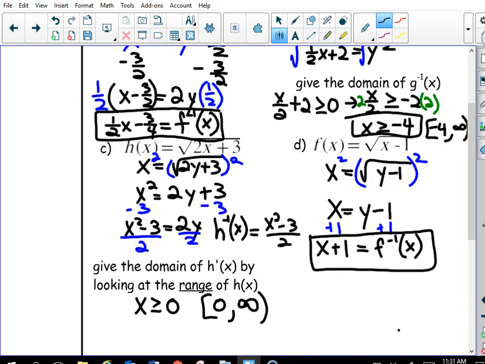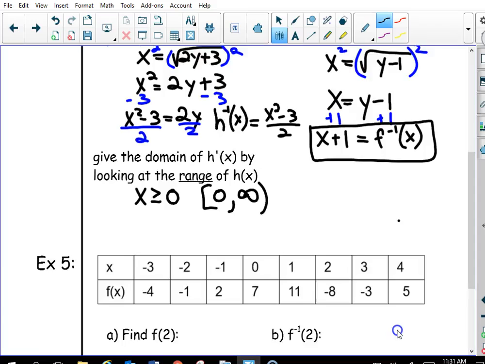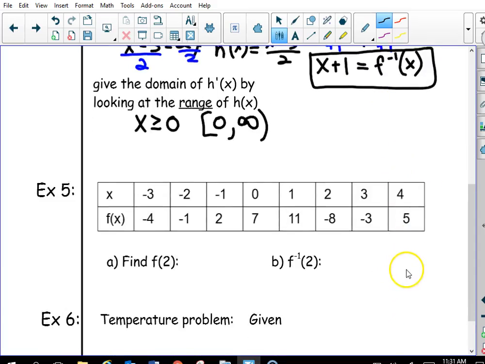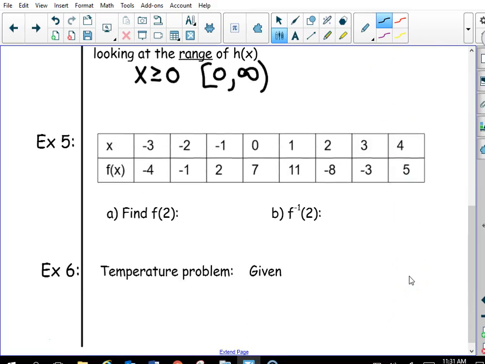All right, on to the last couple of problems here. This problem is easier than it looks. First thing they asked us is find f of 2. So we're going to go to x equals 2 and pick up that y value. The second one asks us to find f to the minus 1 of 2.